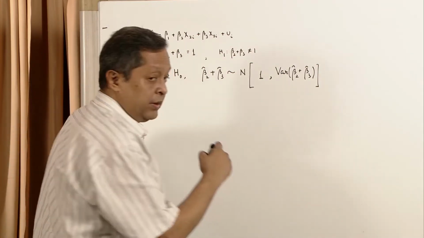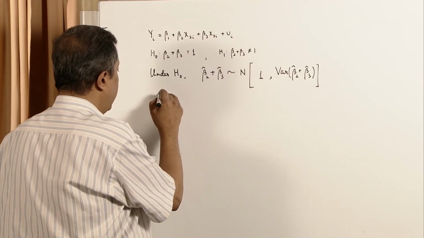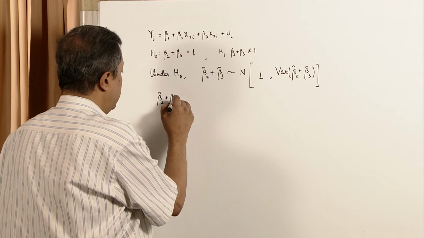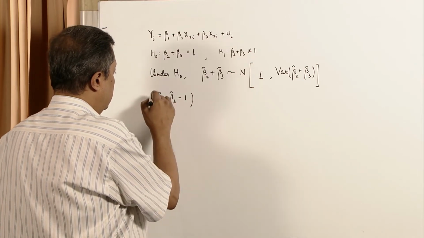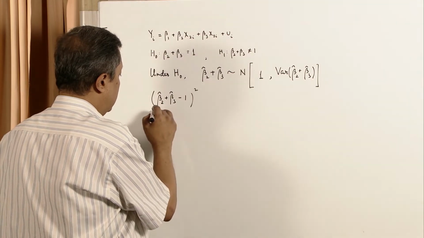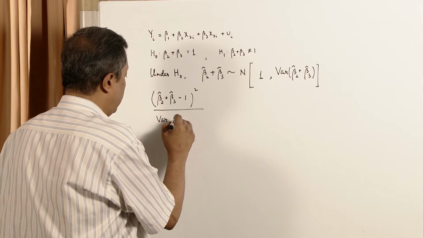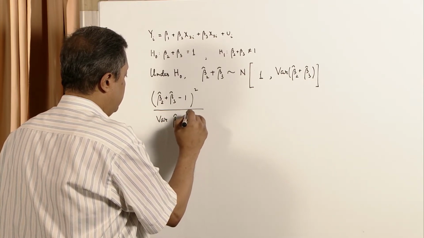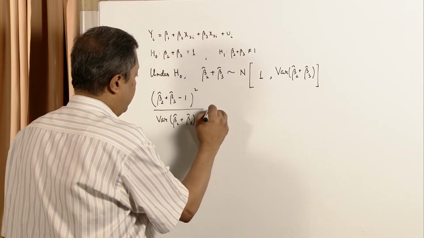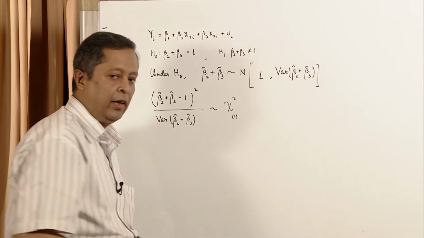So, from this step we note that beta 2 hat plus beta 3 hat minus 1, the square of that divided by variance of beta 2 hat plus beta 3 hat will follow a chi-square with 1 degree of freedom.